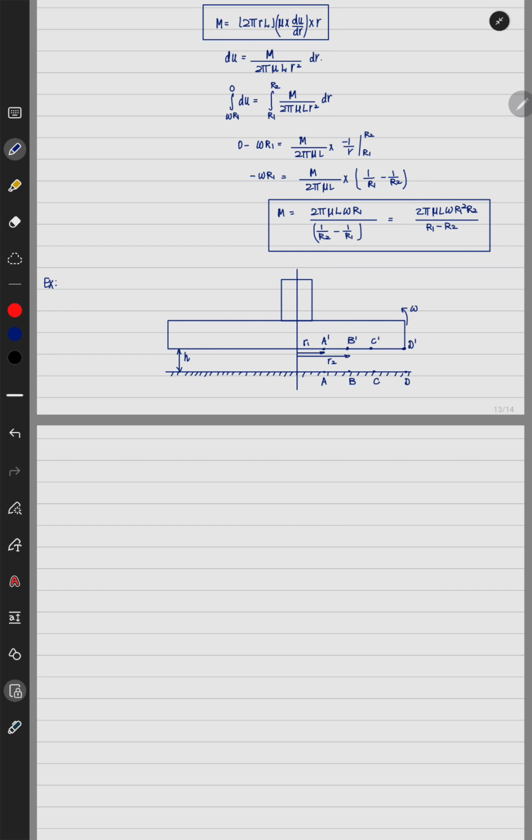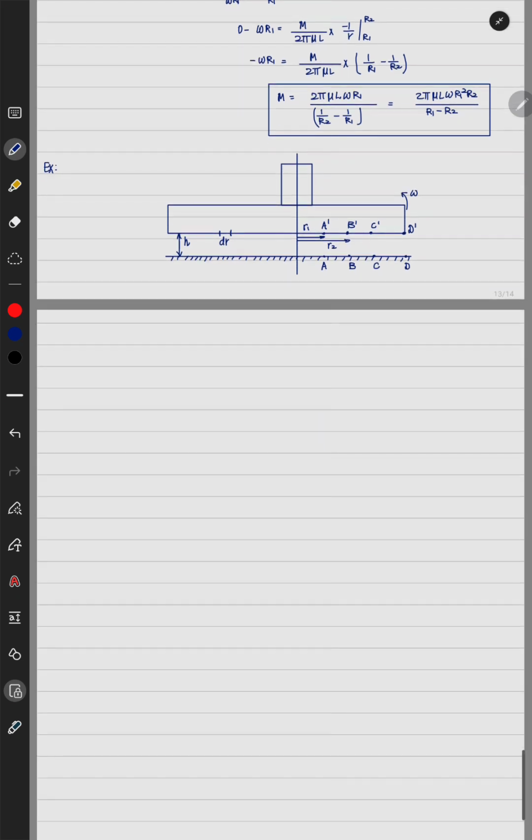Note that it is circular, so I will take a circular element. At a distance r, suppose I take a differential distance dr, and that dr runs over the entire circle, a thin strip of the circle.